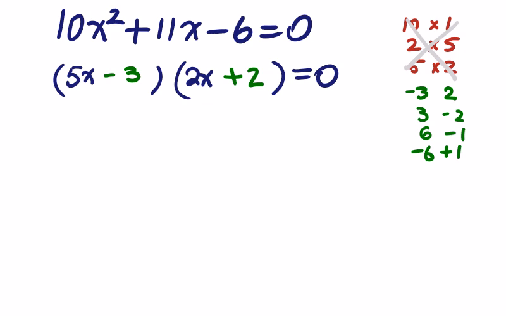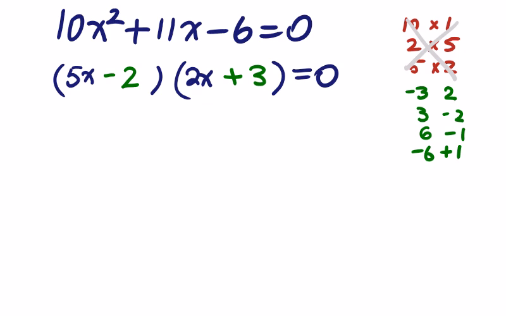We'll try something else. The negative 3 and the 2 didn't work. Maybe we could just swap the numbers but keep the signs. Maybe we could say negative 2 and positive 3. So the first condition, 10x squared, still goes well, and the second condition, negative 2 times 3, still goes negative 6.